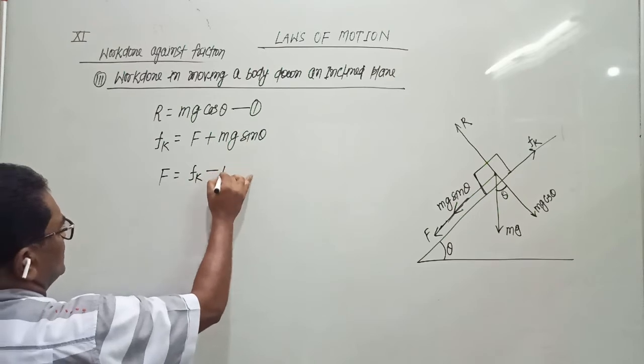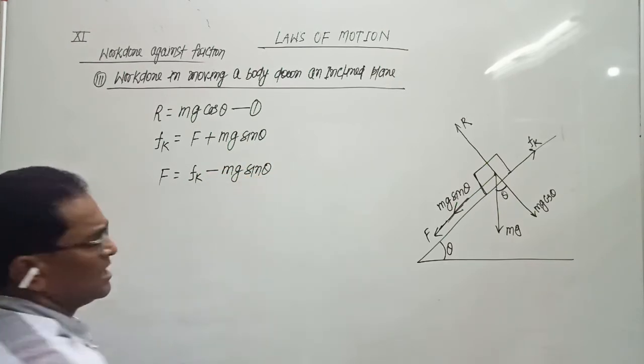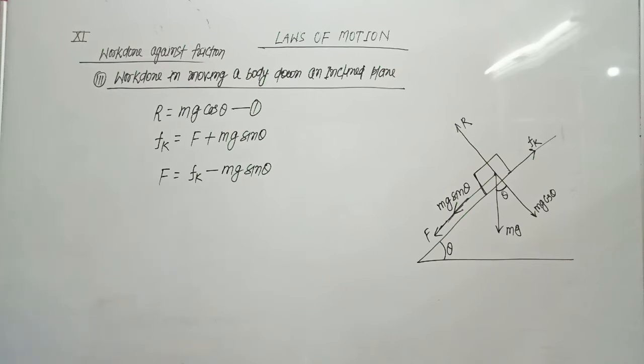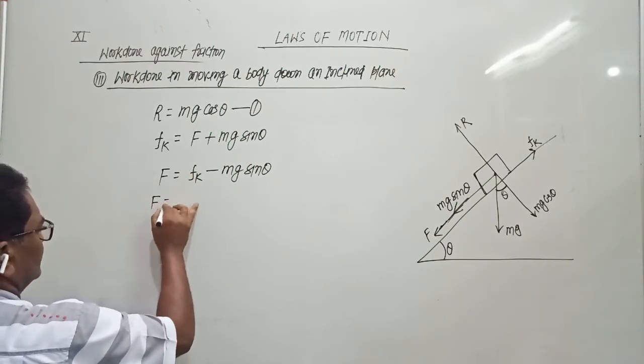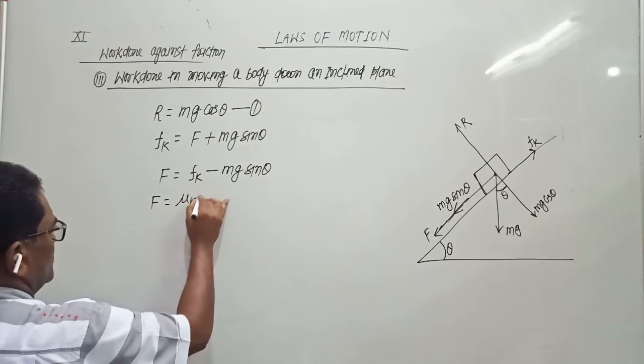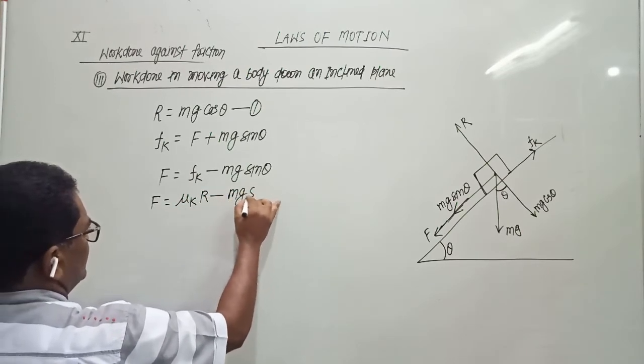So F equals Fk minus mg sin theta, and Fk is written as mu k into R. So F equals mu k R minus mg sin theta.